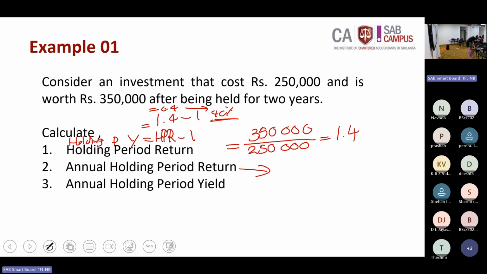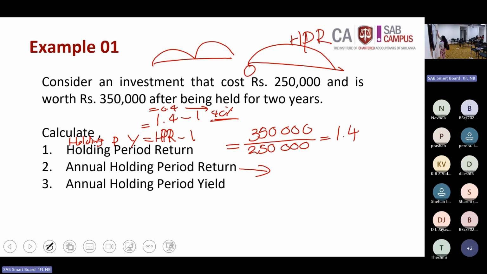We have the holding period return, that's for the entire 2 years period. Now they are asking how much you are getting annually. It is identified as the annual holding period return.